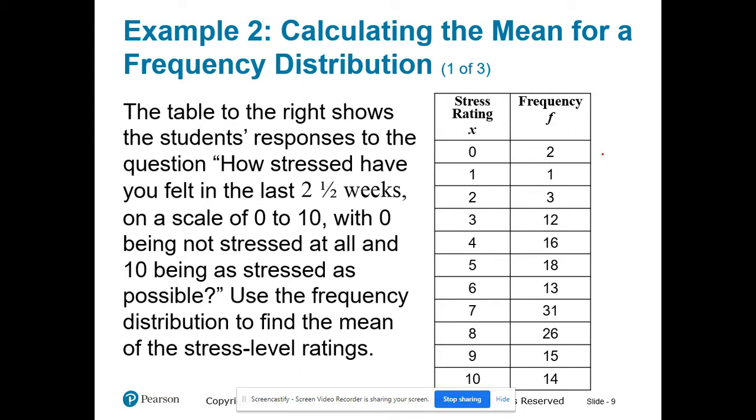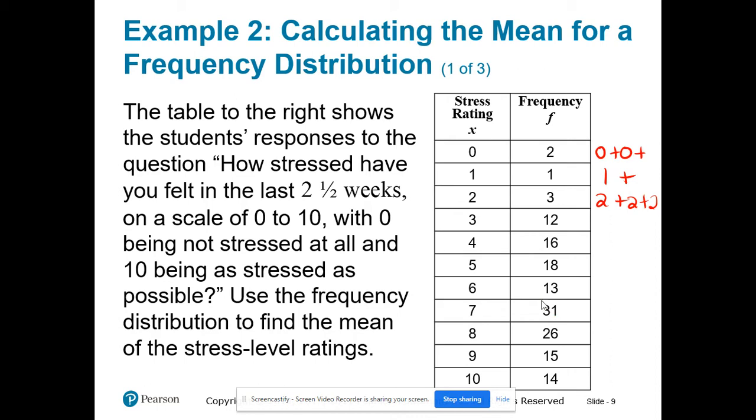As I was saying on the last slide, I could do 0 plus my 1 plus I've got 3 of my 2s, 2 plus 2 plus 2, but that's a lot of work, especially when we get to the higher numbers. Do we really want to do 7 plus 7 plus 7 plus 7 plus 7, 31 times?